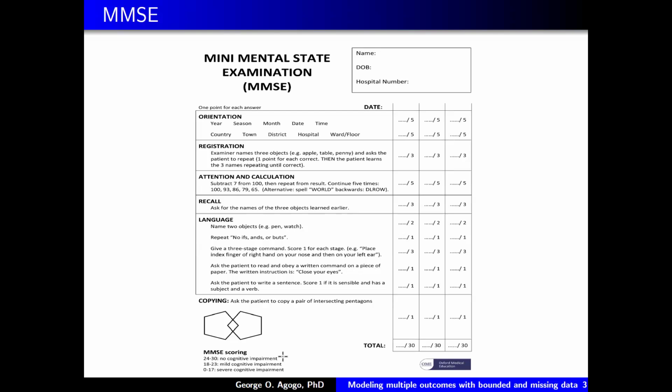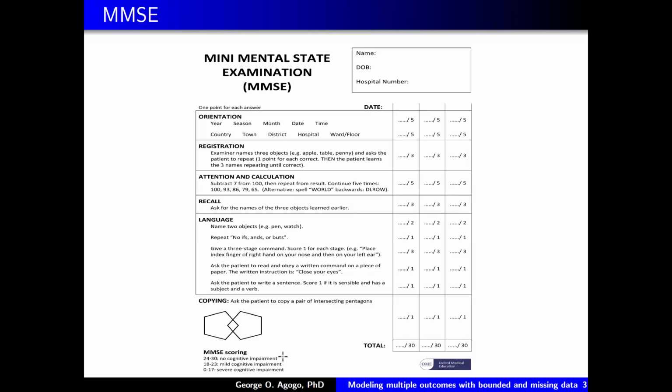One thing that I really wanted to emphasize is that you might find 30 people scoring everything. So that doesn't necessarily mean that they have the same cognitive ability or status. It's only that their score is restricted by the design of the tool.